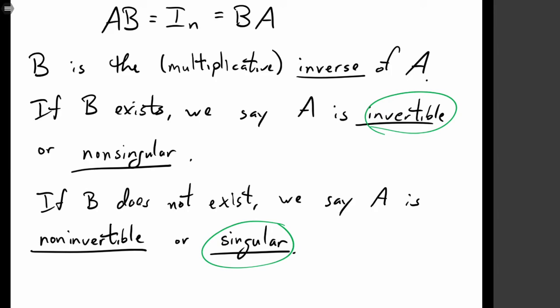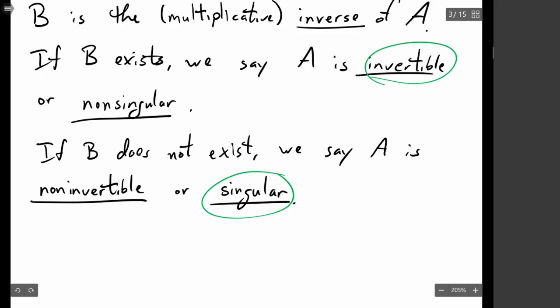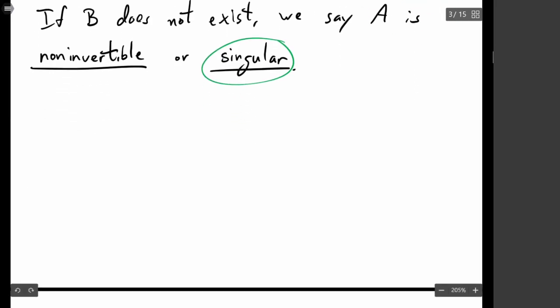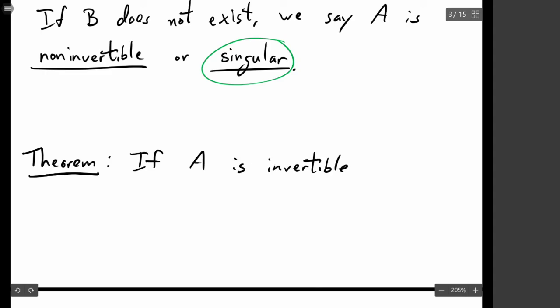So, a fact here, this is actually a theorem. If A is invertible, then the inverse of A is unique.